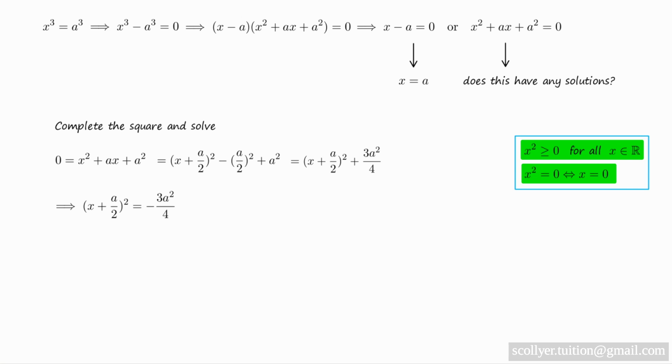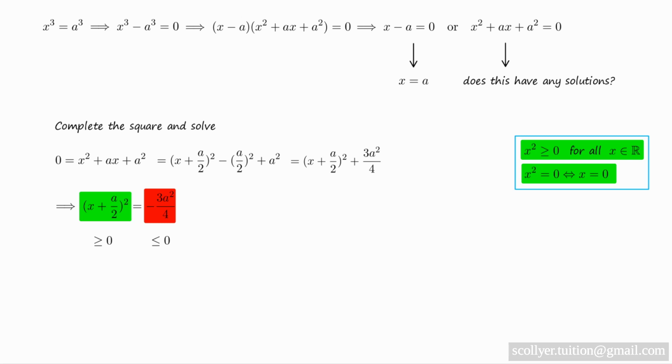But bearing in mind the two important facts that we just noted, we see that (x plus a over 2) all squared is greater than or equal to 0, and that minus 3a squared over 4 is less than or equal to 0. But the only way that that can be true is if both quantities separately are equal to 0.